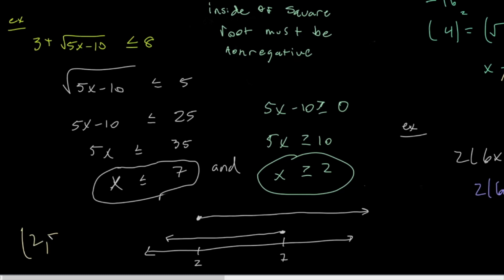The interval 2 to 7. Any questions on this? So to recap, we get two inequalities, one from solving the problem and one from restricting the root so that it can never be square rooting a negative number, and then you combine them, always using an and statement. Always and.